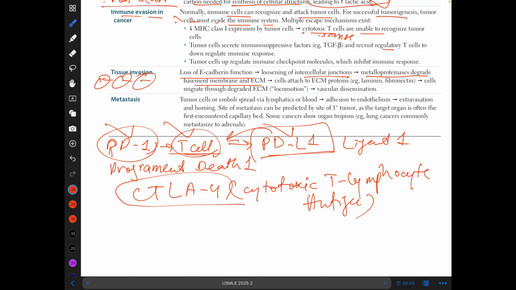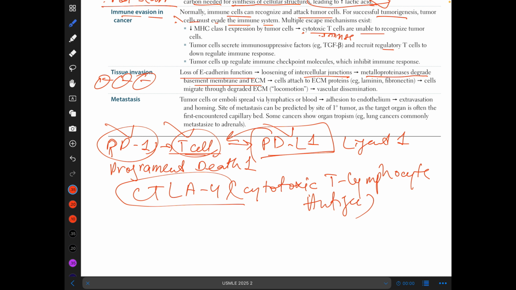What's the ECM? The ECM is the extracellular matrix. These proteins are crucial structural and signaling components found in the space around cells and in tissues. They provide support, facilitate adhesion and influence cell behavior through interaction with cell surface receptors.